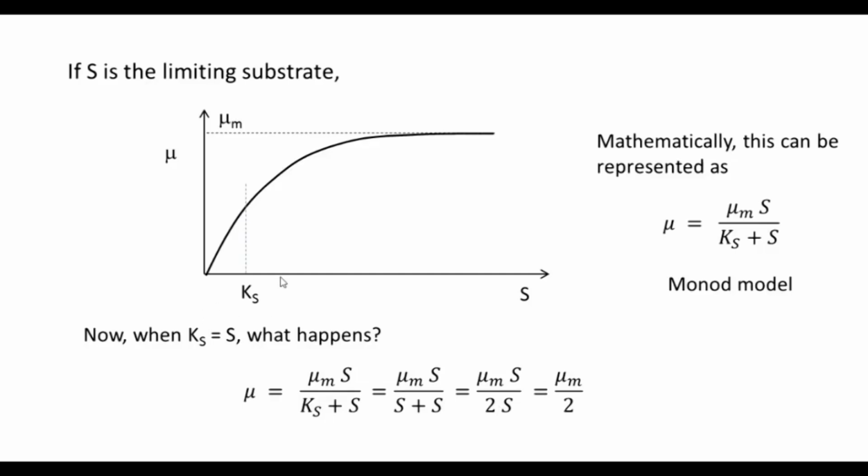Therefore, when S equals Ks, when the substrate concentration equals Ks, your mu happens to be mu m by 2, or half the maximal specific growth rate. So Ks is the substrate concentration at which you get half the maximal growth rate.